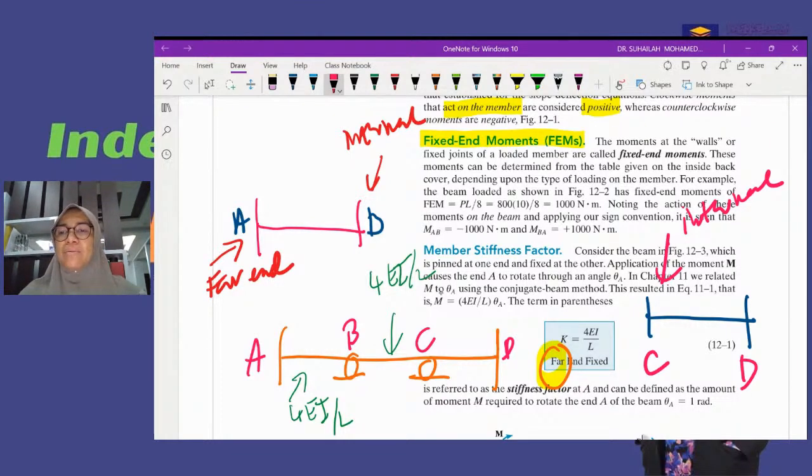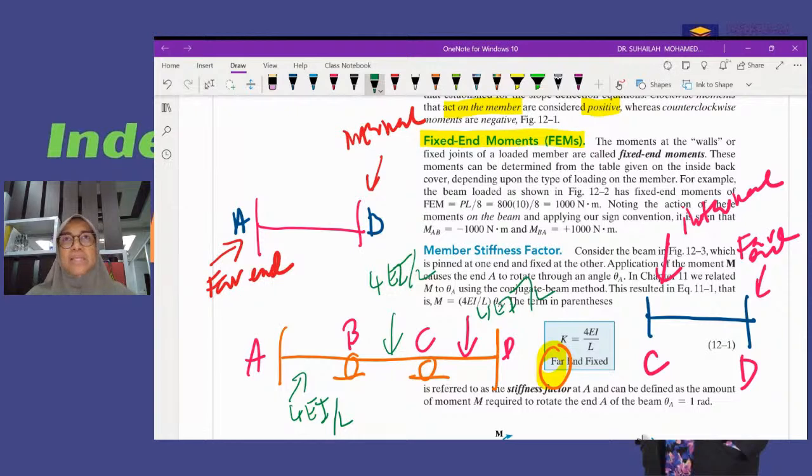D is the far end, meaning the end of the structure. The far end is fixed, so this is far end fixed, and again we use 4EI over L.